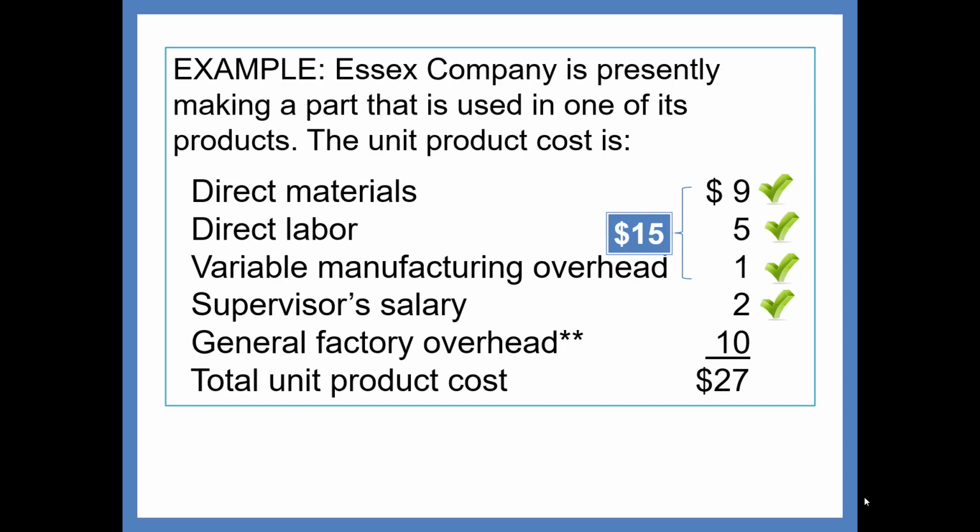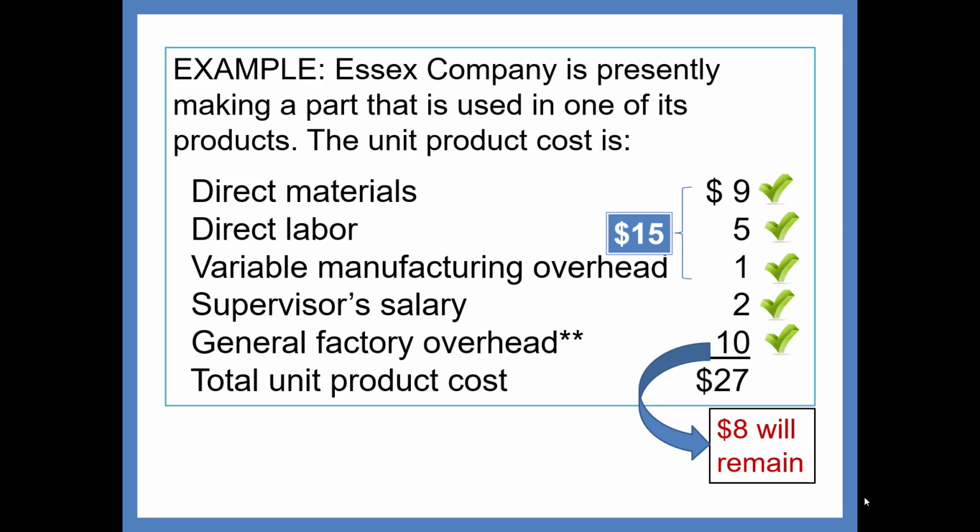You don't need someone to supervise the purchase of the part, and if you have a supervisor for the alternate use, that would have been factored in to the $80,000 of profit you would get. Now, the general factory overhead, we were told that this could be reduced by 20%, so $8 will remain. So part of that is relevant.